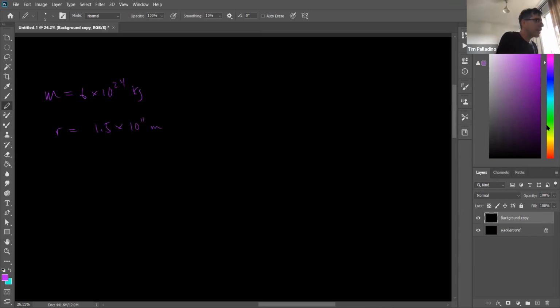And what we're looking at is, we have the sun and we have the Earth revolving around it. Okay, and what we're looking at is to estimate the orbital speed of the Earth around the sun.